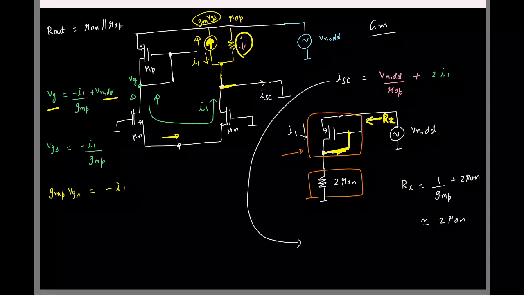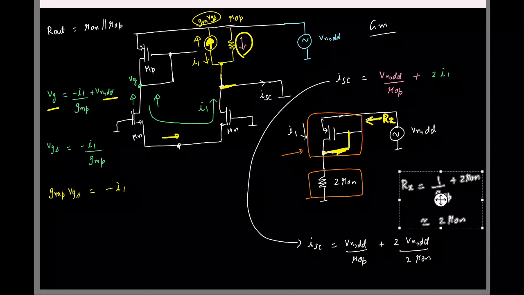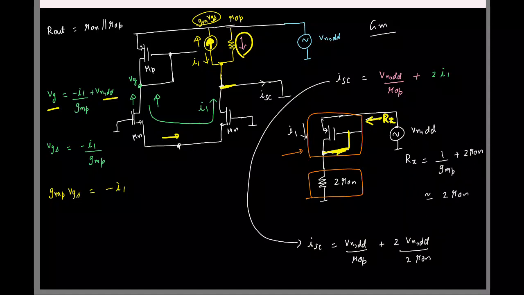So then can you help me find out the short circuit current? The current I1 here is basically VDD by Rx.